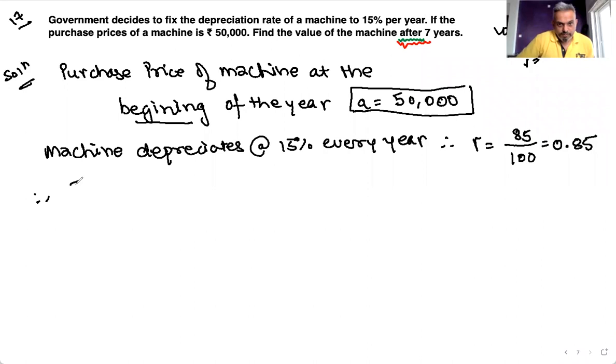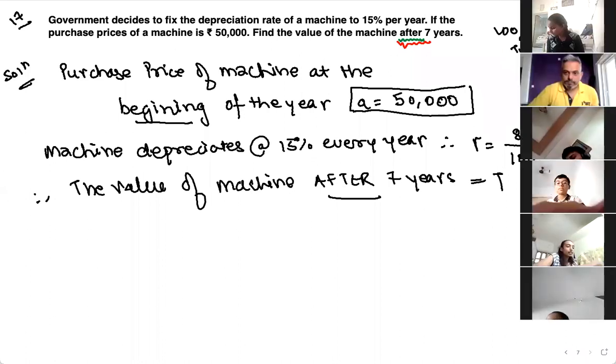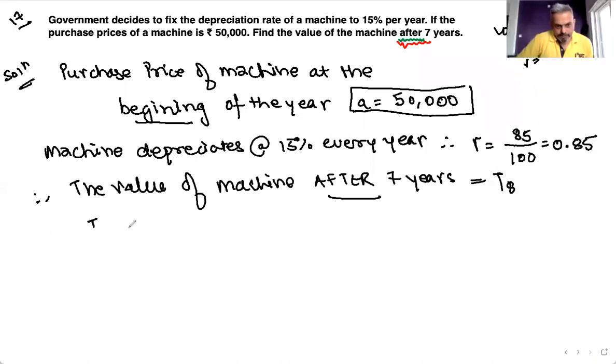Now we have to find, therefore the value of machine after 7 years will be equal to T what? 8. T8. Therefore, Tn is equal to A into R raised to n minus 1.